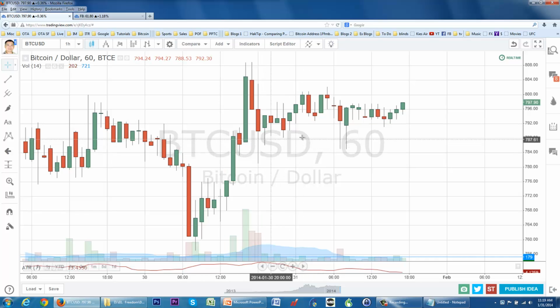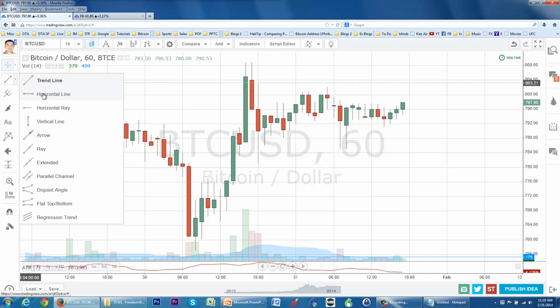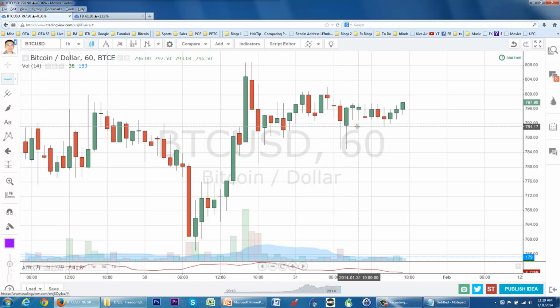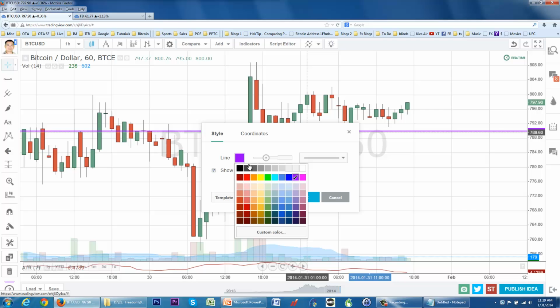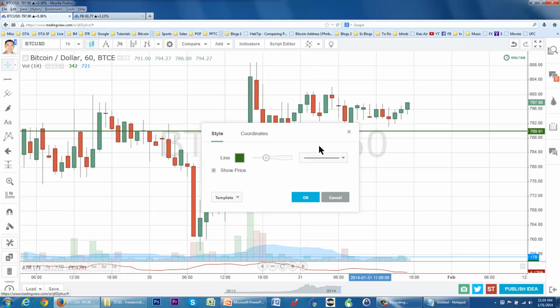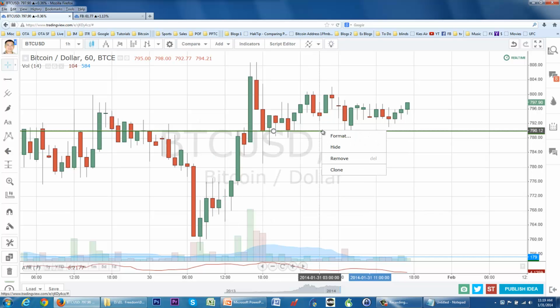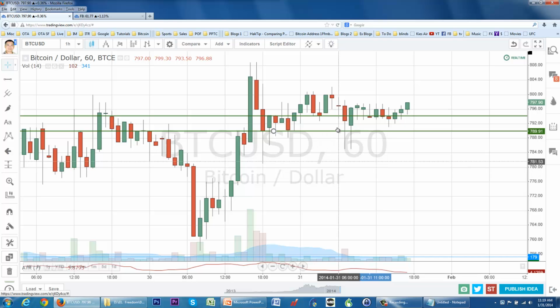Let's just say that you saw this sideways movement. Okay, this is just an example right here, guys. It's not anything spectacular. Let's just say that this was the entry for a long trade right here because the market is going sideways.